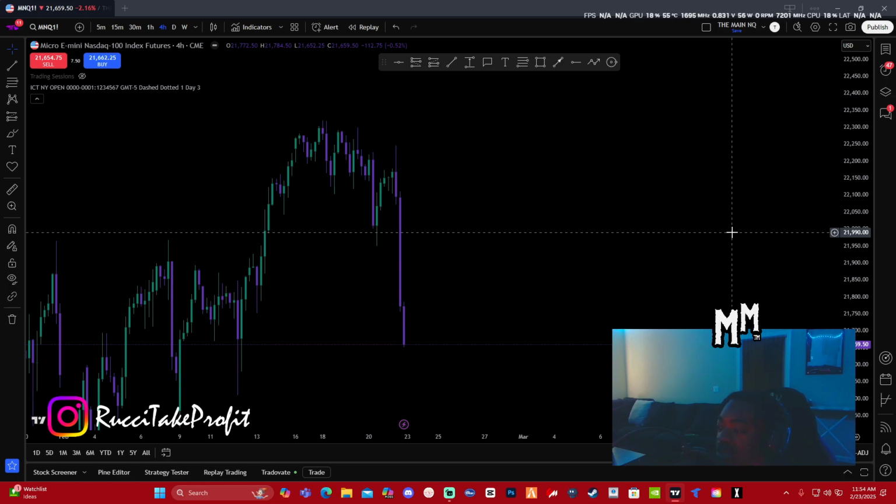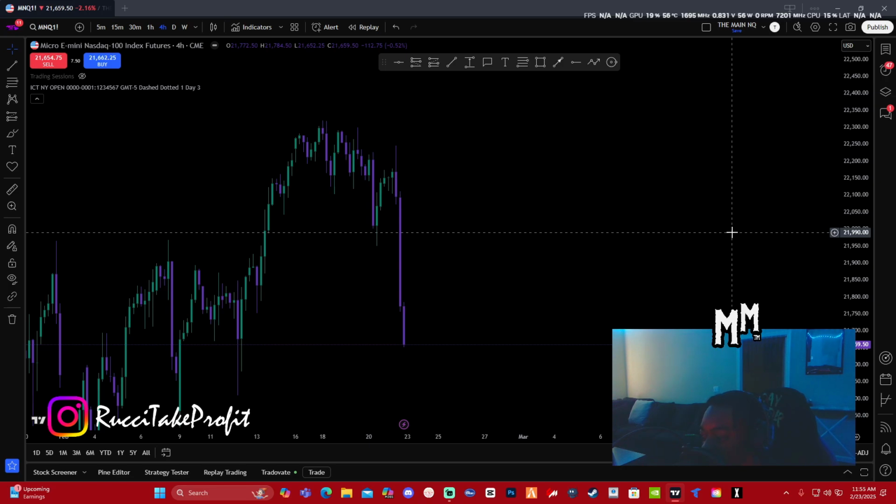And if I could just say, I'm not even gonna give the most official definition of an SMT. I'm pretty sure there's videos out there that explain it, but from just watching and learning, in simple terms, it's a manipulation tactic used between the Nasdaq and the S&P 500, where the S&P 500 has a clear trend to either the downside or the upside, versus on the Nasdaq it's manipulated.